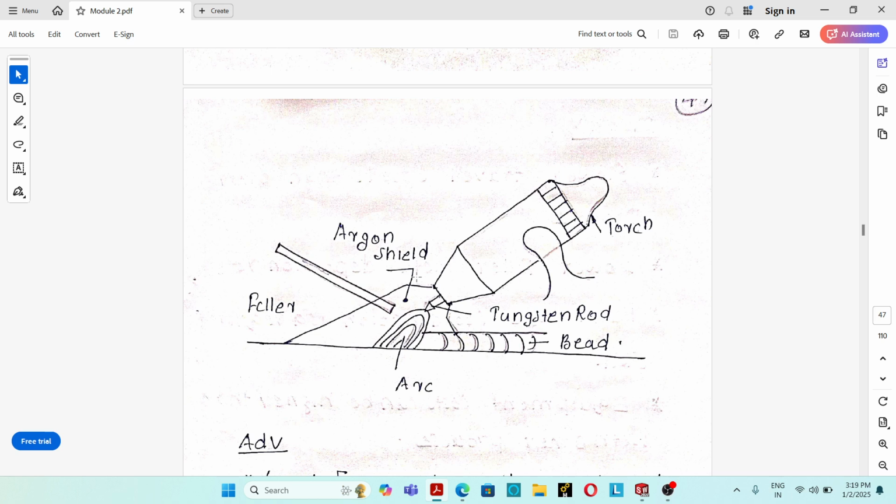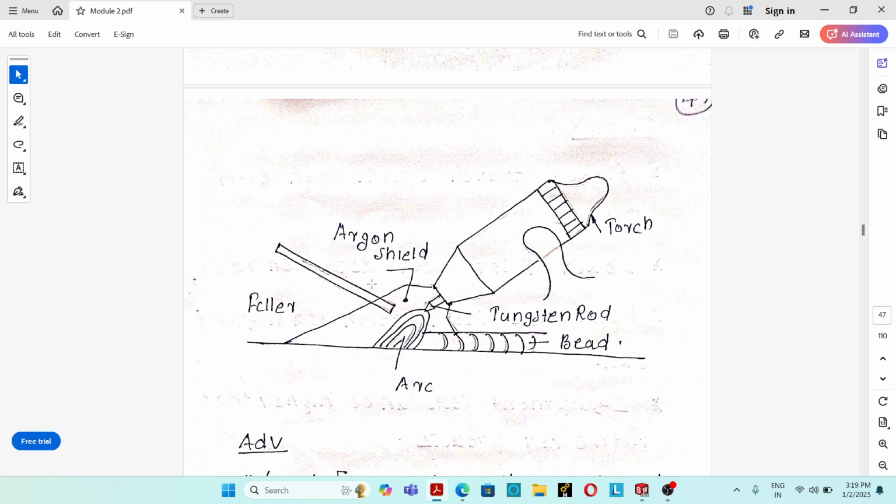These are the metal oxides used for alloying pure tungsten. Once more: thorium oxide, zirconium oxide, lanthanum oxide, cerium oxide.